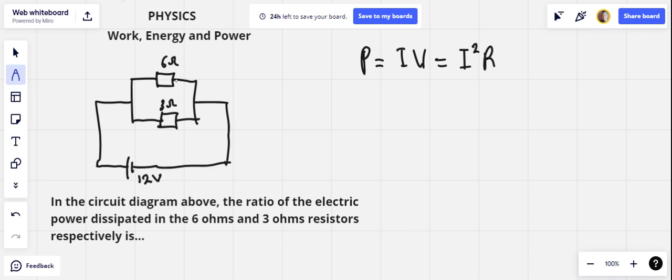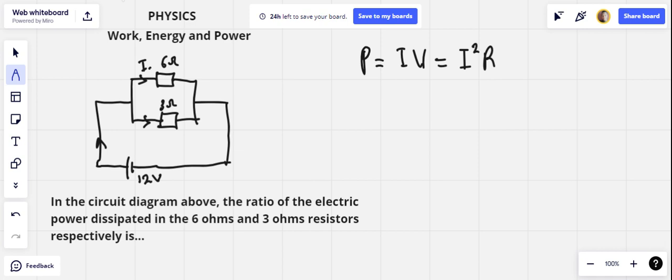So how do we now calculate the power in each of these resistors? First, for us to be able to calculate the power, we have to know the current, because the current is what we don't know here. And how do we calculate the current that goes through the 6 ohms or the current that goes through the 3 ohms?